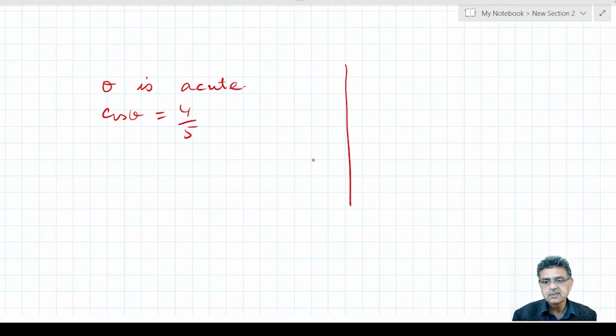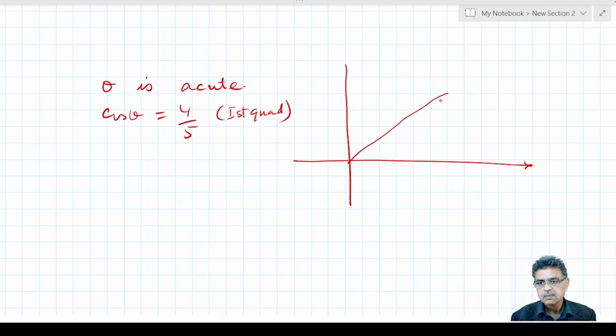Acute angle means first quadrant. So here this is adjacent and this is hypotenuse. Then applying the Pythagoras theorem, we can easily find that this is 3. This is theta. Find the value of sine theta and tangent theta.